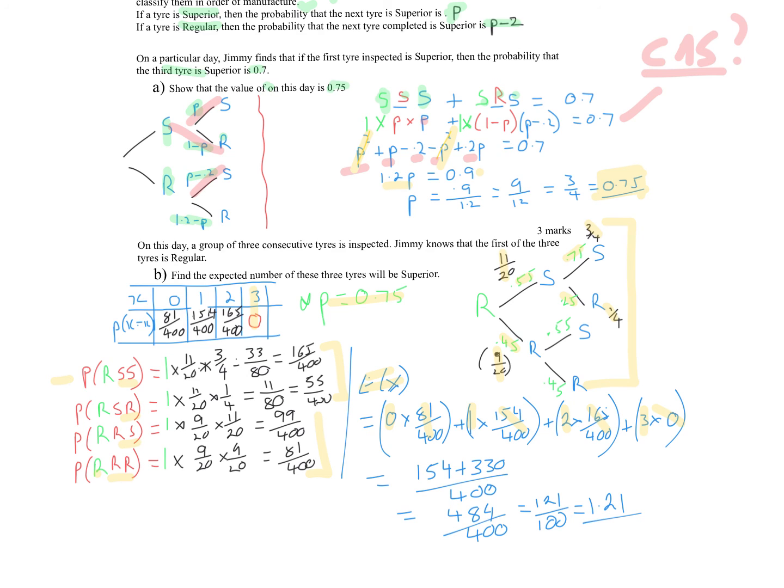Fortunately, the first and the last are both 0. So I get 154 plus 330 over 400, which is 484 over 400. If I divide both by 4, I get 121 over 100, which is 1.21, which is what we're looking for. So it is a much more straightforward problem if we use our calculator, but not impossible. It's important that we've got good fraction knowledge.